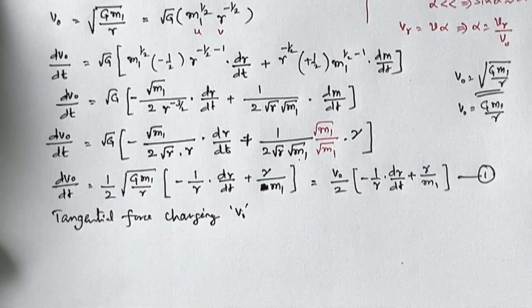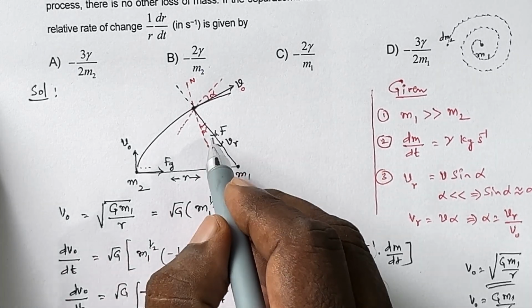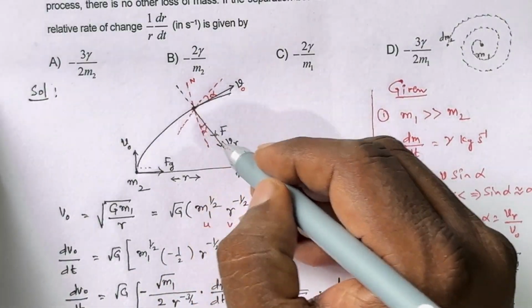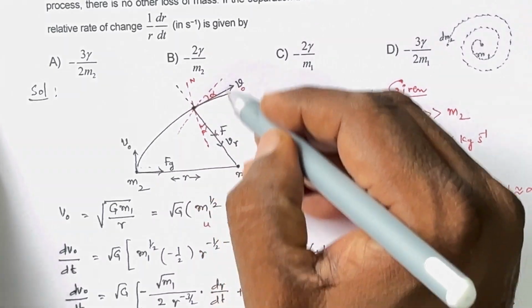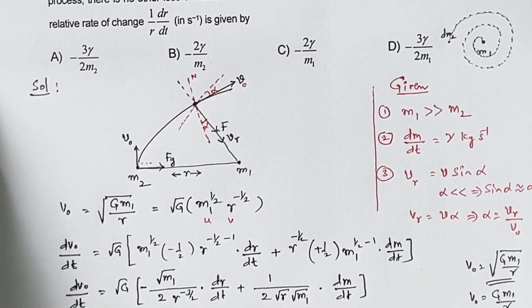So what is the tangential force here? Let us look back at the diagram. See, this is the force. This tangential direction force is F sin alpha. This is cos alpha, this is sin alpha.